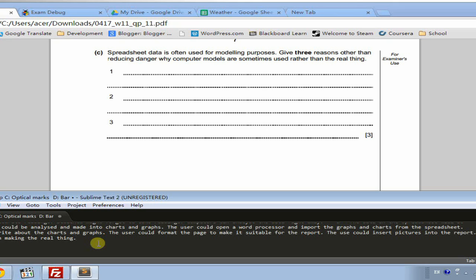What else could we say? If I was modeling the solar system and what's going to happen in the future, again, this could be done mathematically on a spreadsheet, then the results can come faster than waiting on the real thing. Other things, yeah, again, the same one.